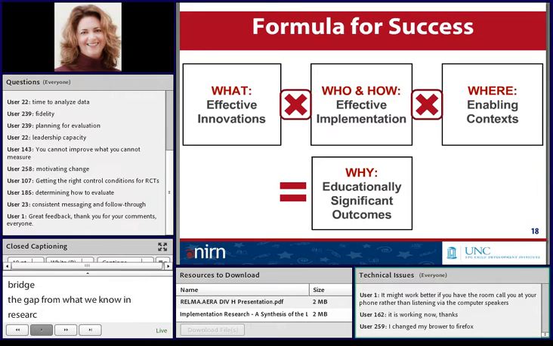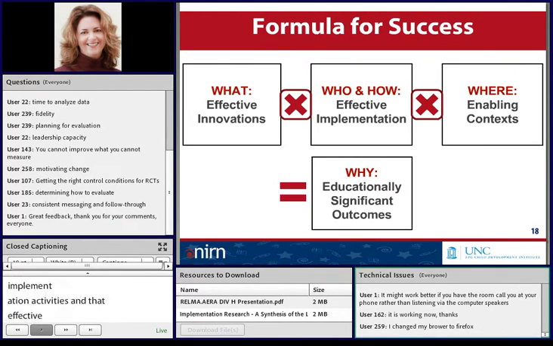So our formula is simply a multiplication formula. You've got to start with the what, so we have to have effective innovations that are clearly defined, with effective implementation methods, so who and how and when, what activities are needed, and where those implementation activities and that effective innovation are going to take place.